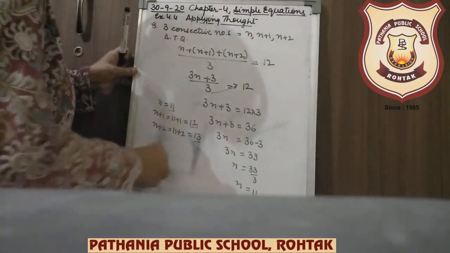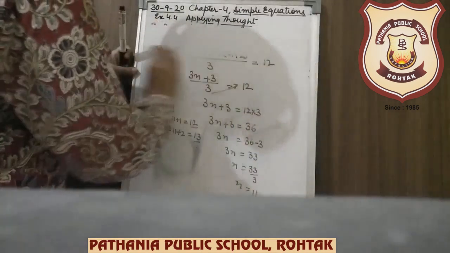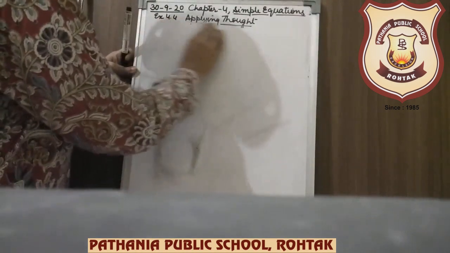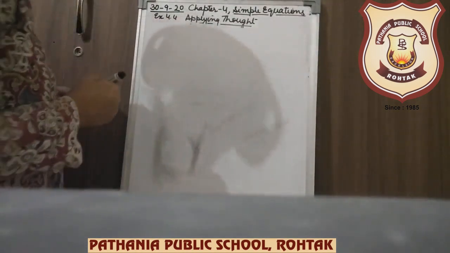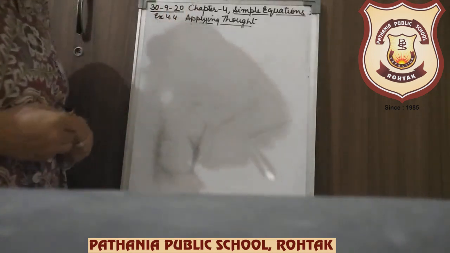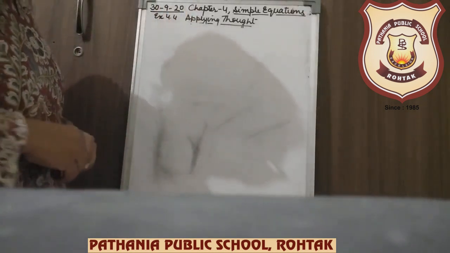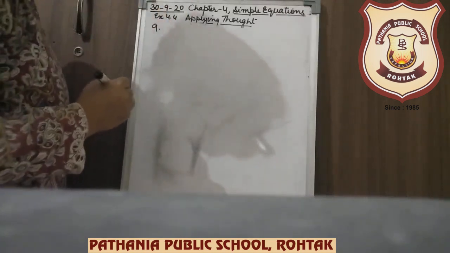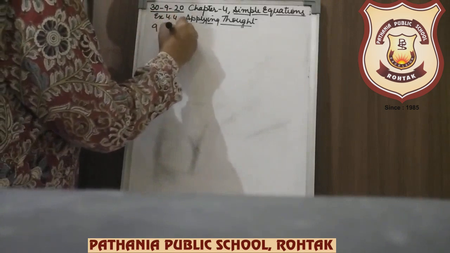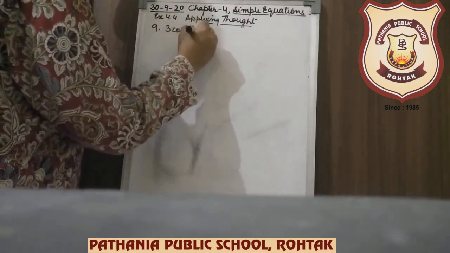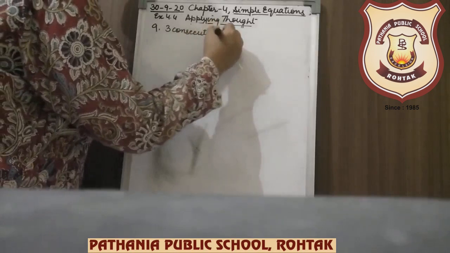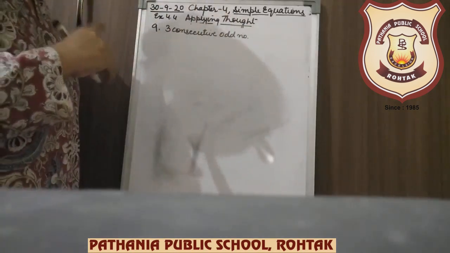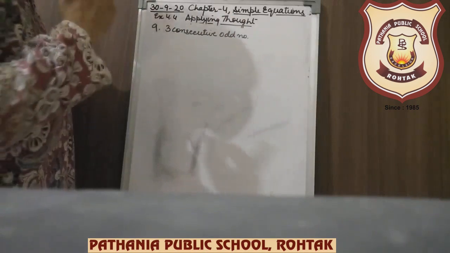And the last question, your ninth question, the last question of this chapter, is 3 consecutive odd numbers. First we had consecutive numbers, then even numbers, now odd numbers.